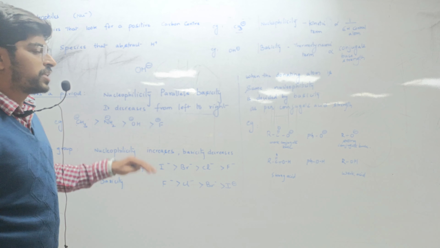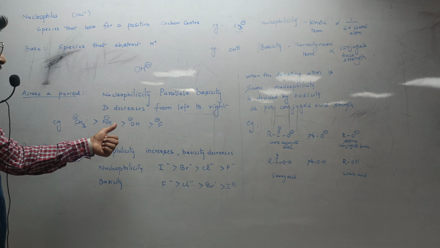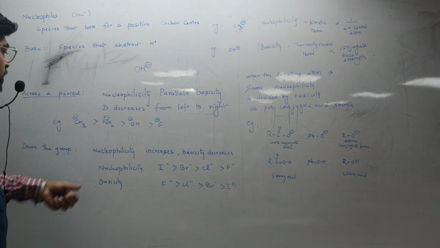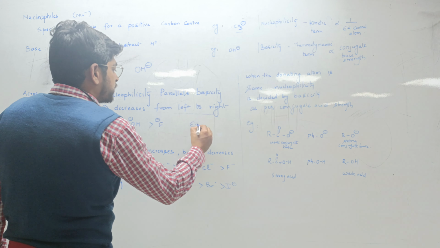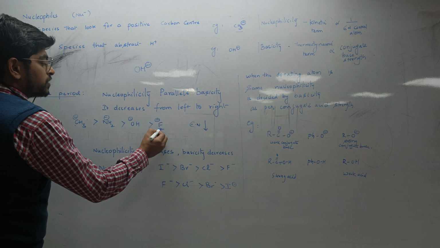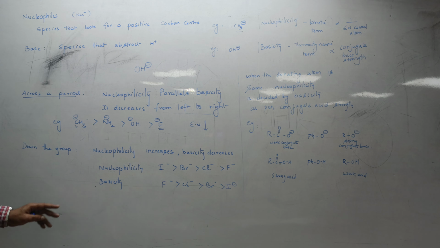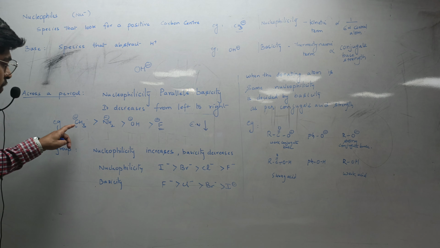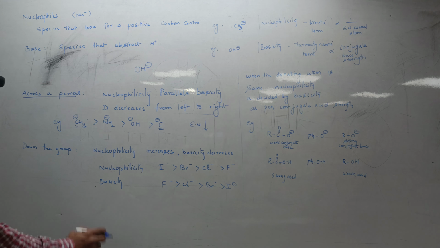Since they are present in the period from left to right, what happens to electronegativity? Electronegativity is increasing left to right. So the most electronegative is fluorine, the least electronegative is carbon. So the nucleophilicity will be most for carbon, least for fluorine. That is why the nucleophilicity order is this.